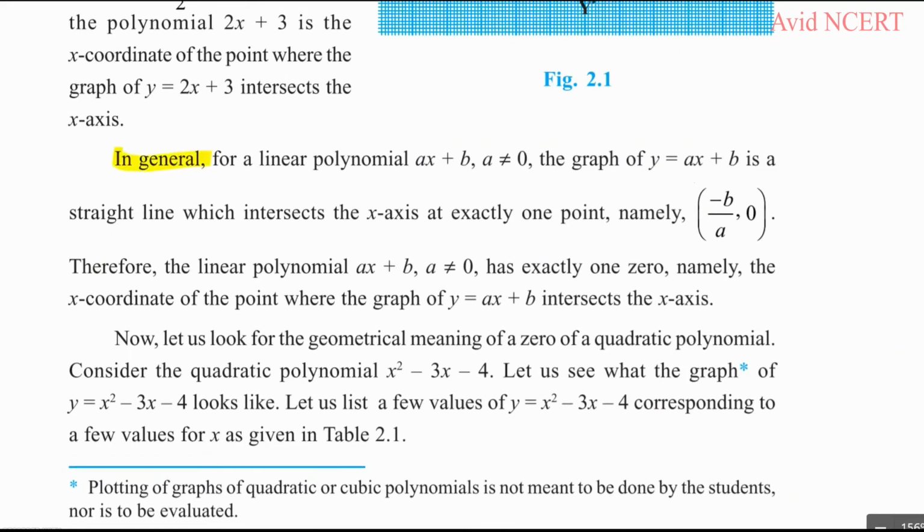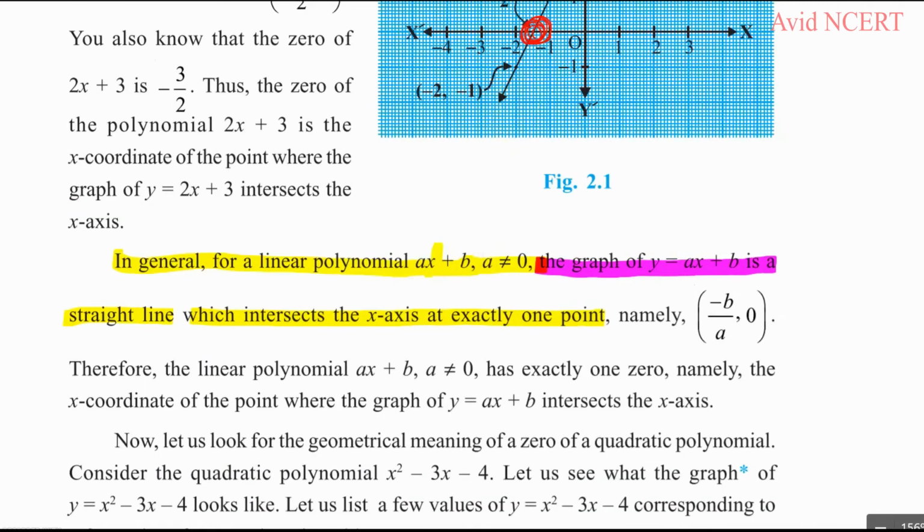In general, for a linear polynomial ax plus b, a is not equal to 0. Then if you plot a graph of y equals ax plus b, it's nothing but a straight line which intersects the x-axis at exactly one point. Then it is said to be a linear polynomial.